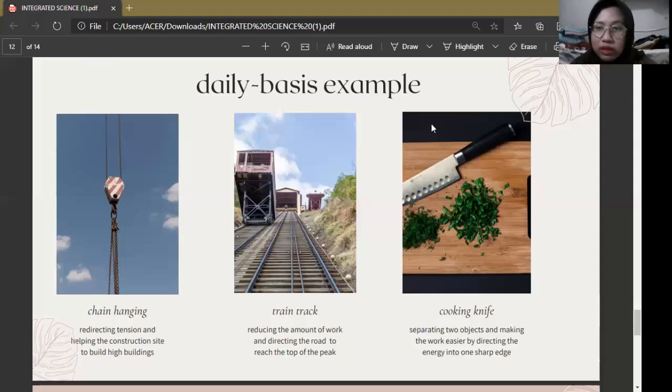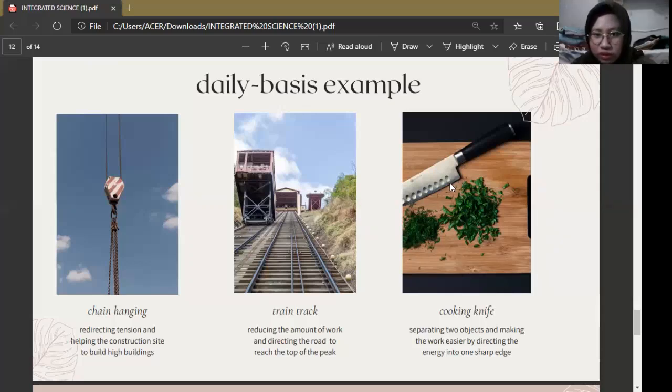You can see that the cooking knife is perfectly sharp. It's an example of a wedge. Yes, it's very clear. The function is to separate two objects and make the work easier by directing the energy into one sharp edge. What does it mean, one sharp edge?